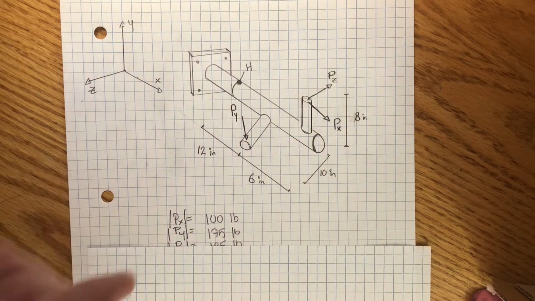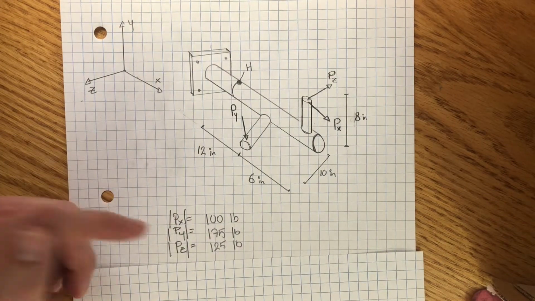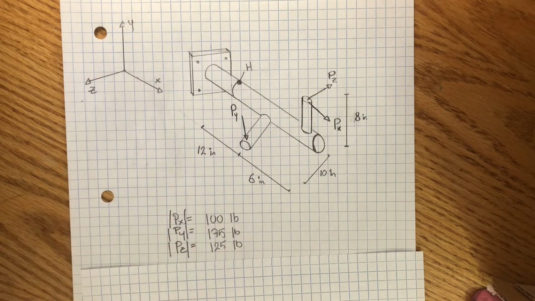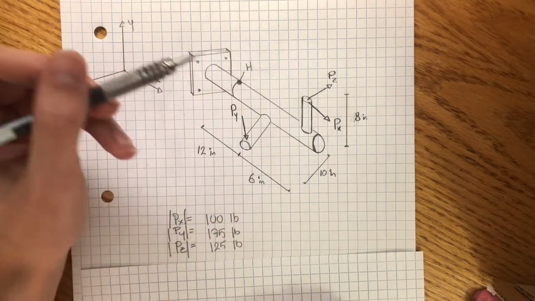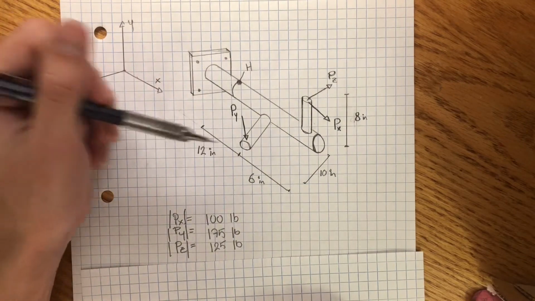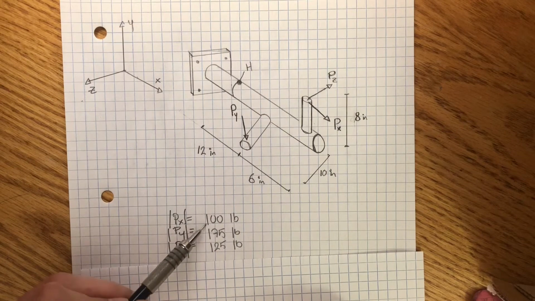And one thing to remember, at least in this case for this problem, is they gave us the values as basically the magnitude of the force, but we want to know the direction that they're going in. So the force in the x direction here is actually following the x-axis, so that would be positive.